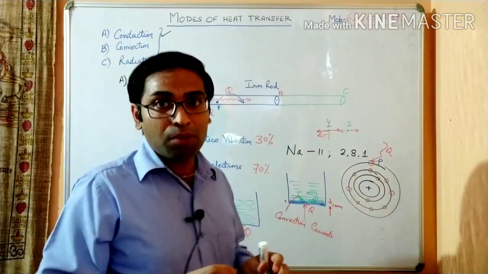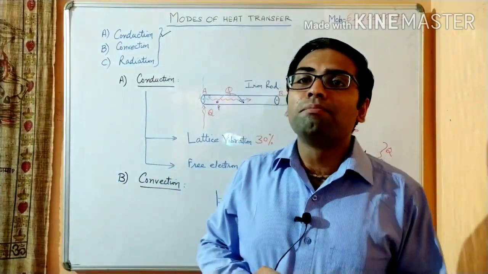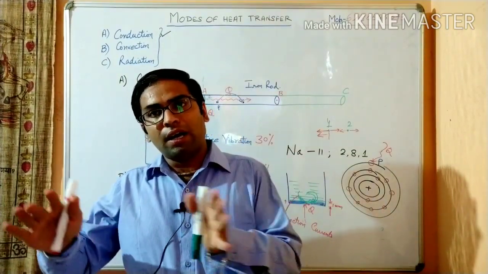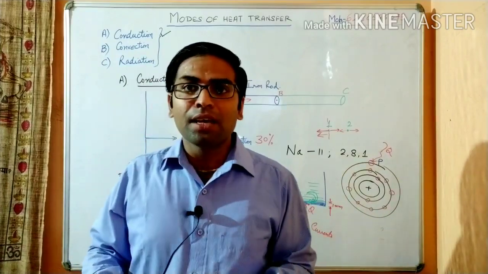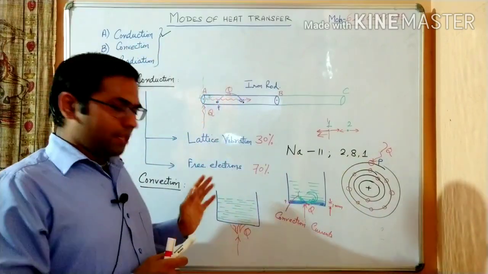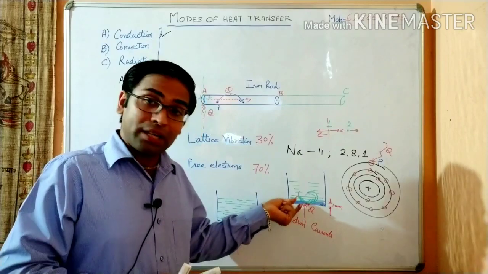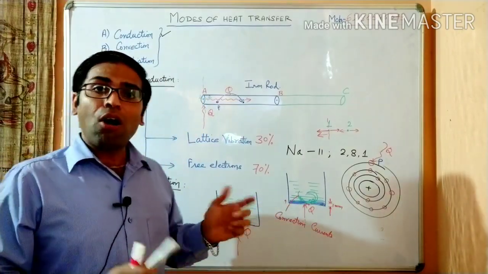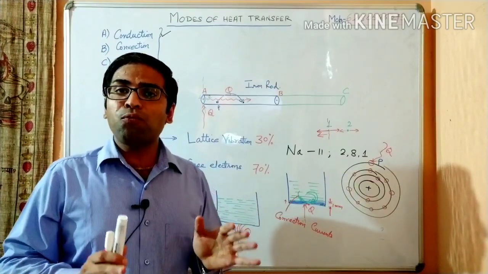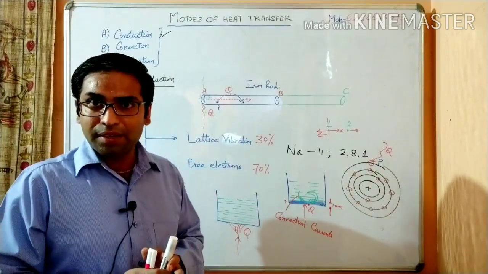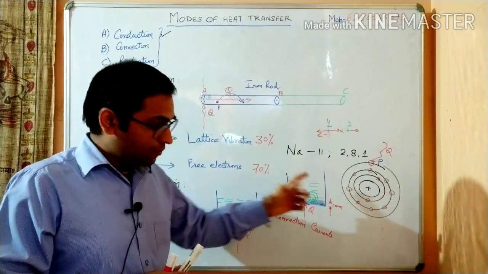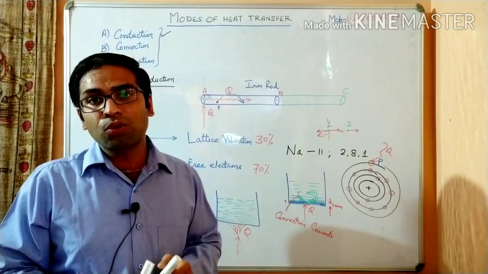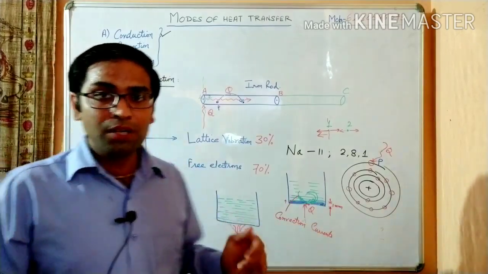What is convection all about? Convection is a mode of heat transfer, of course due to a driving force, that is the temperature difference. But how does it happen? I am repeating, convection is always associated with a very fine layer of conduction, and then the presence of convection currents within the liquid. So this way the convection heat transfer works.